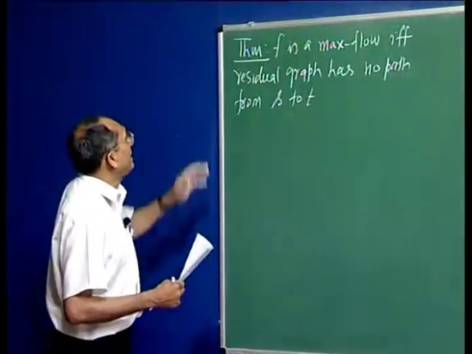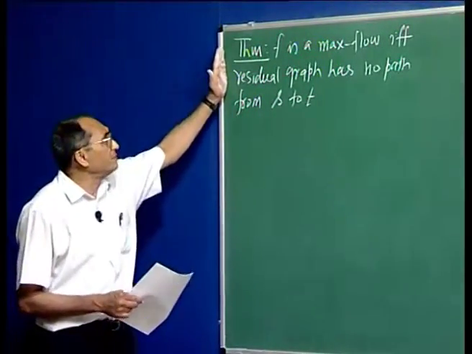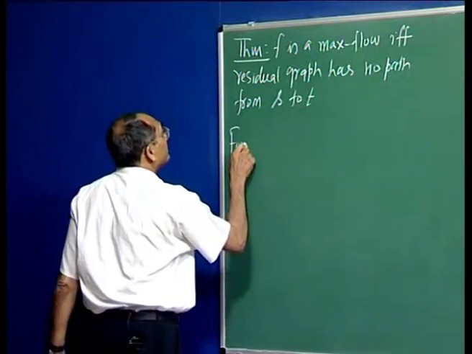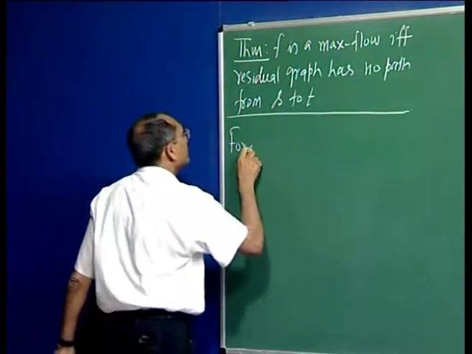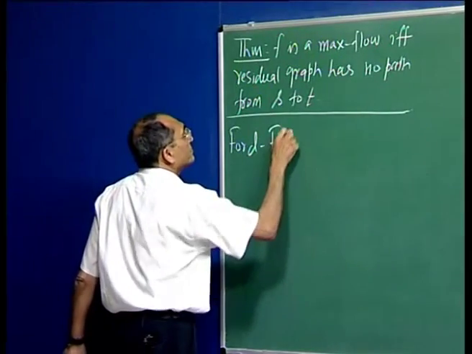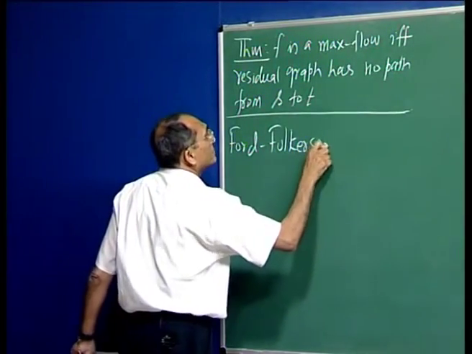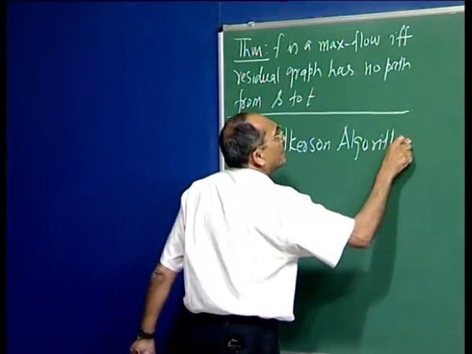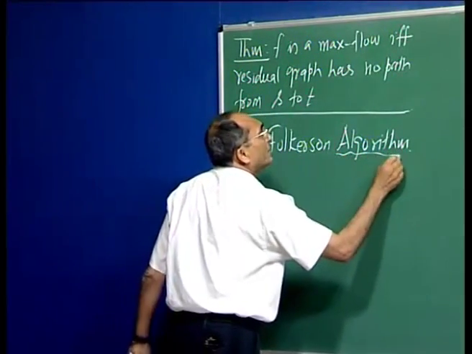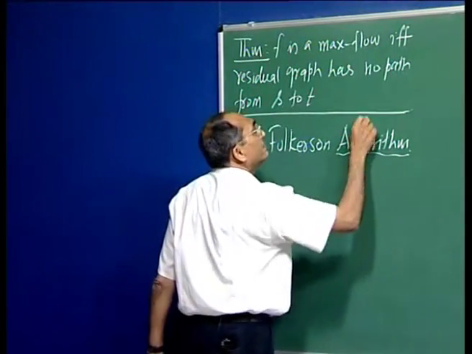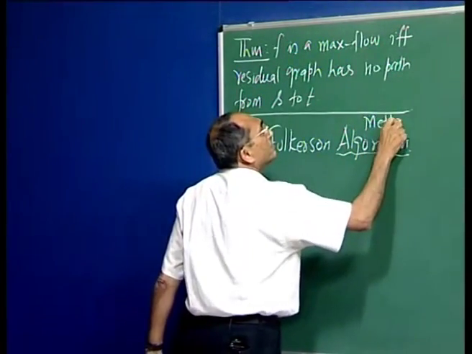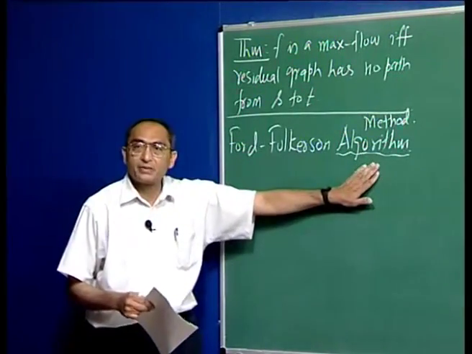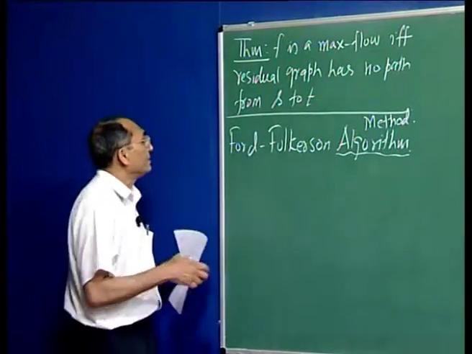So now our result leads to an algorithm which is known as the Ford-Fulkerson algorithm. To be precise, this is actually not an algorithm but more like a method, because it lacks one important property of an algorithm, which we will see.